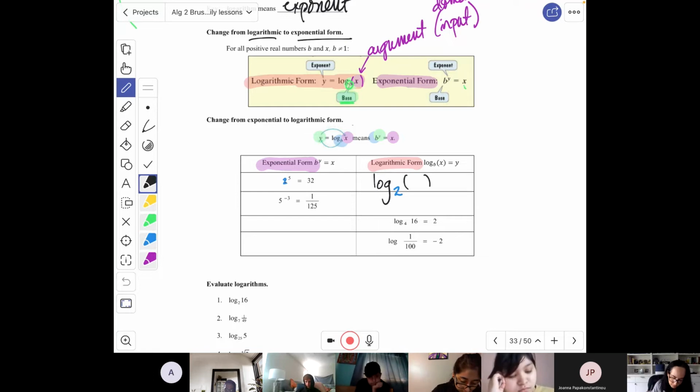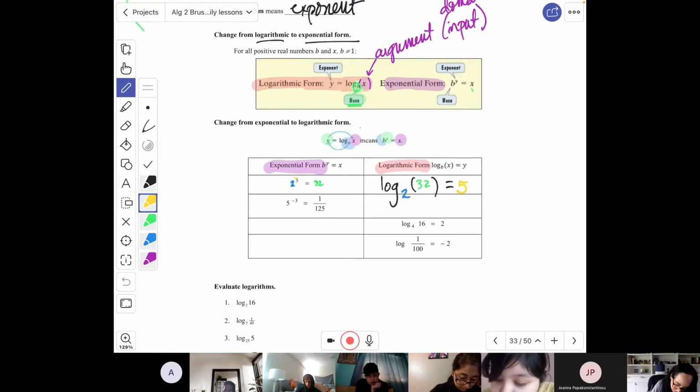Of what? 32. 32 equals the exponent, which we said was 5. So try to do the next 3. Try to convert this one to logarithmic and try to convert these to exponential. I'm going to run to the restroom real quick while you do those 3, and we will go over those 3.